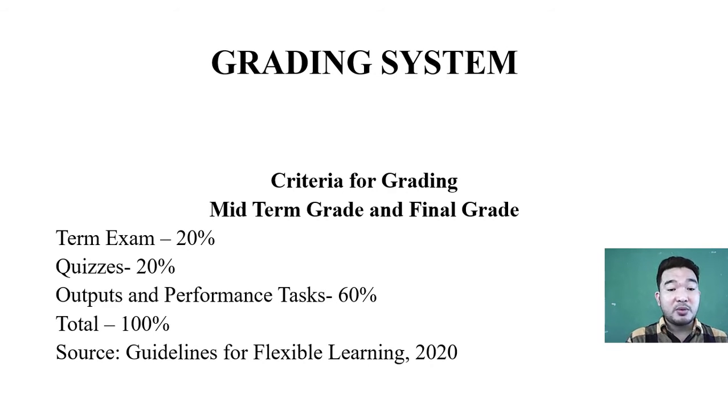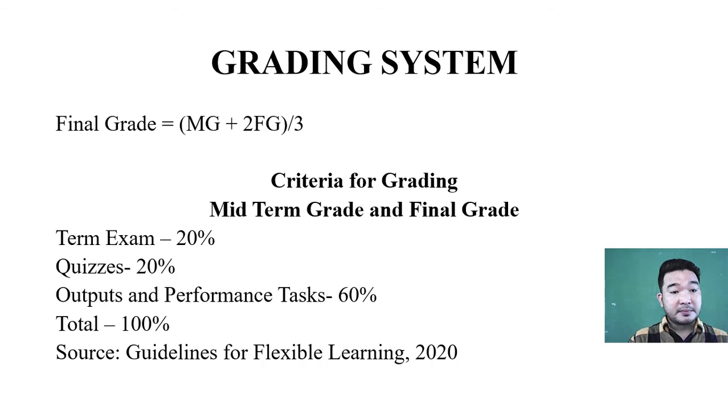Our grading system would be: your final grade is equal to the quantity midterm grade plus twice the final grade divided by 3, meaning our midterm is just 1/3 of your final grade and our final term is 2/3 of your final grade.